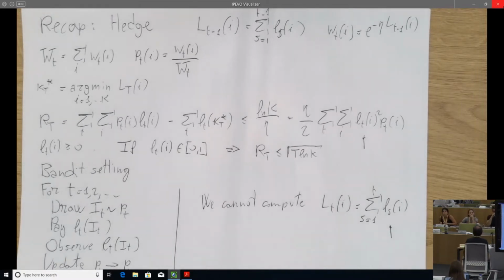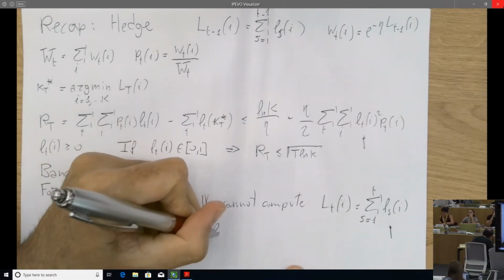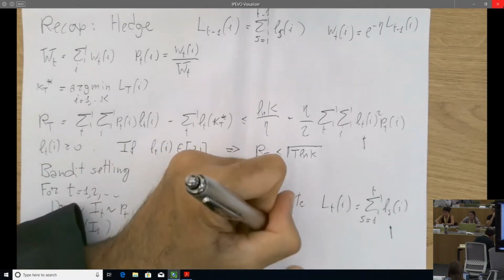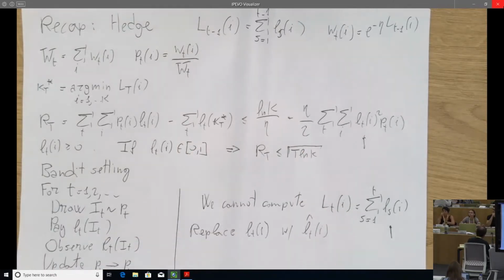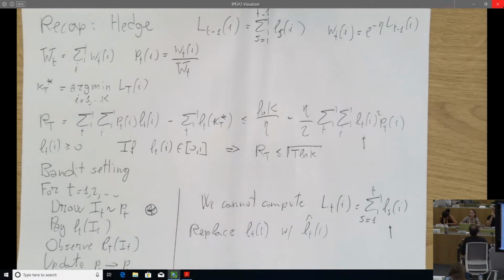The idea here is that we do something which, if we were in a statistical setting, would be obvious. We try to estimate these losses. So we replace l_t(i) with estimates l-hat_{t,i}. How can we estimate? Well, there is some probability here, because we are drawing actions according to our own randomization.